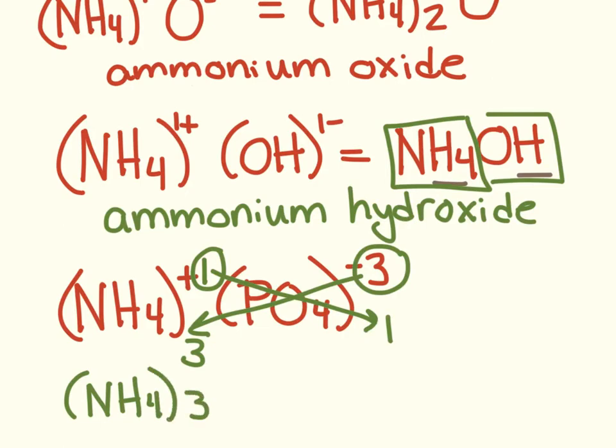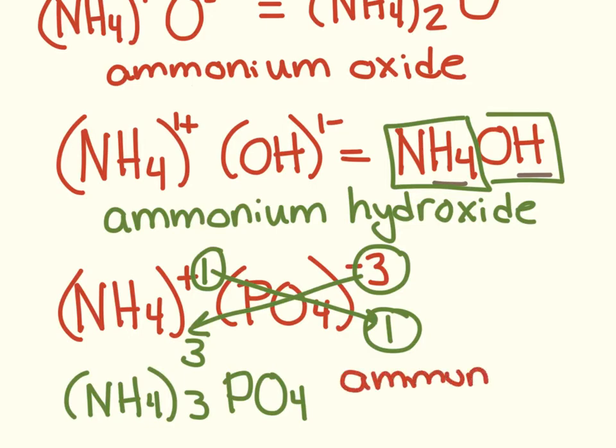And will we need the parentheses around PO4? Well, there's only one of them based on what we said earlier. So no, the PO4 will not need parentheses. PO4. What's the name of this? Correct. It's ammonium phosphate.